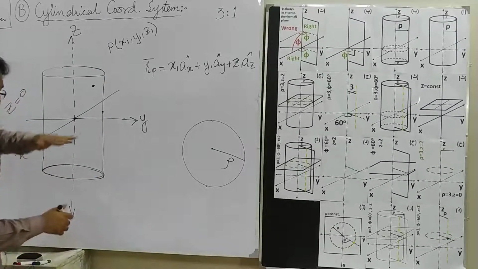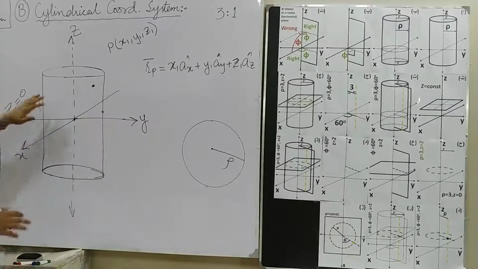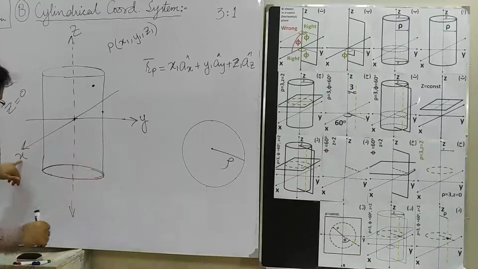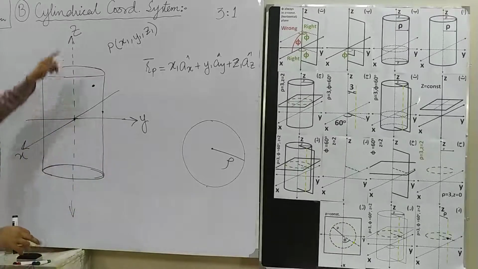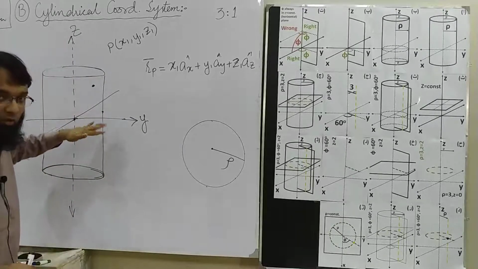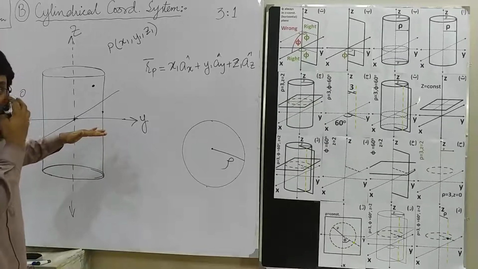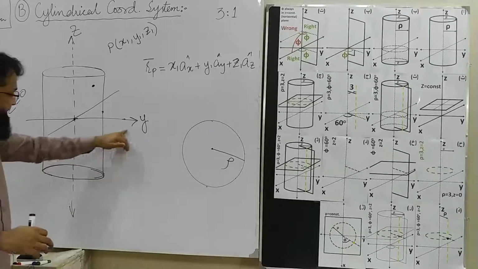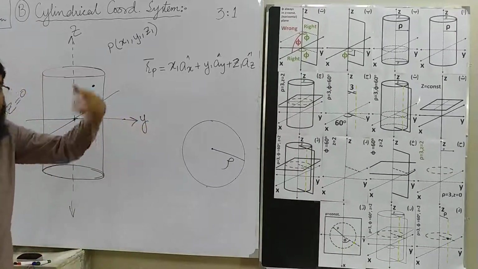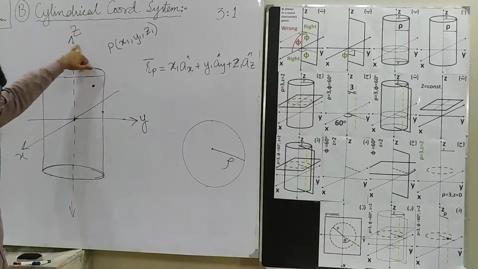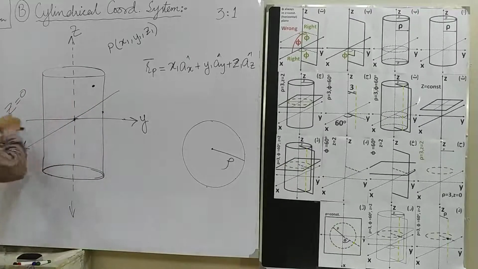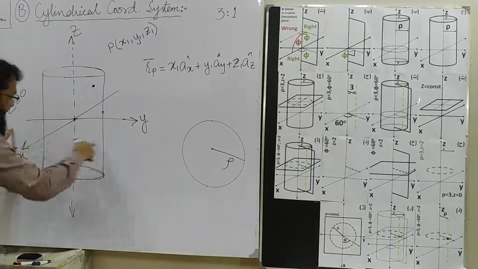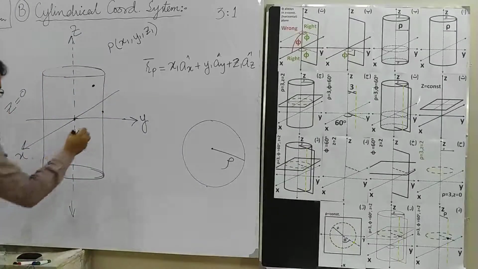The z equals 0 plane is a plane which is parallel to both the x and y axes, meaning it is the xy plane, intersecting the z-axis at 0, and also, because it is parallel to the x and y axes, the z equals 0 plane is perpendicular to the z-axis. So the z equals 0 plane is nothing but the xy plane.